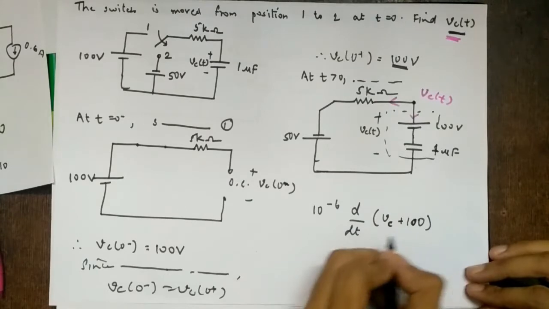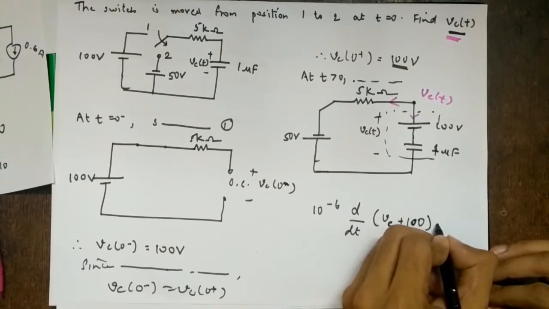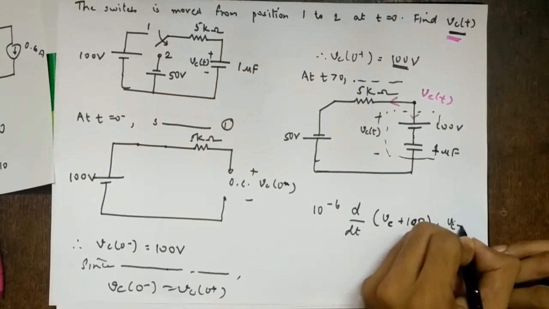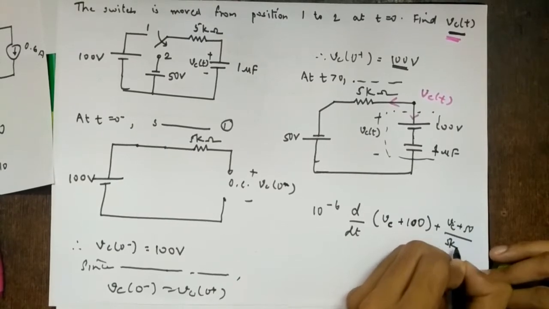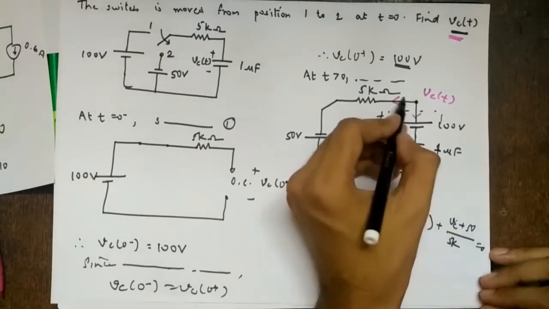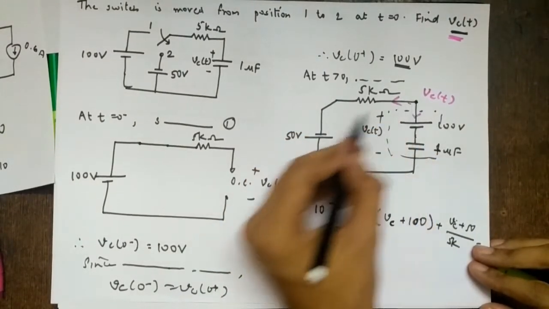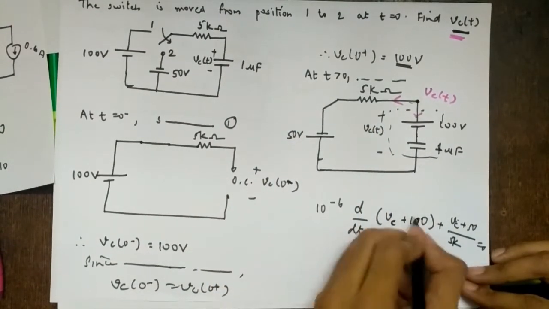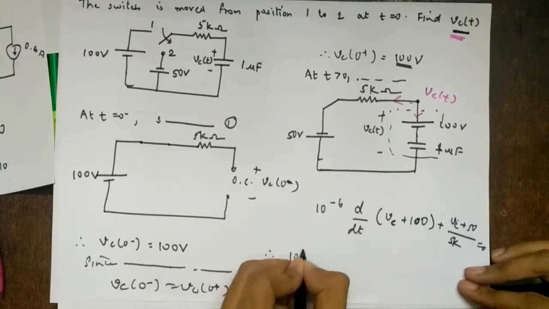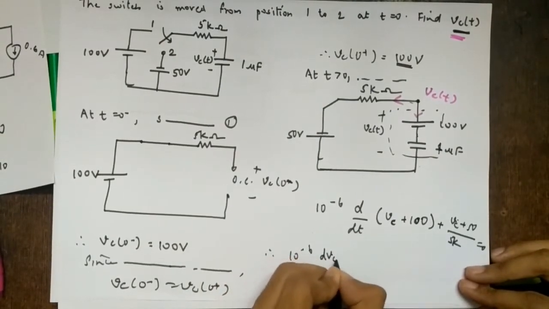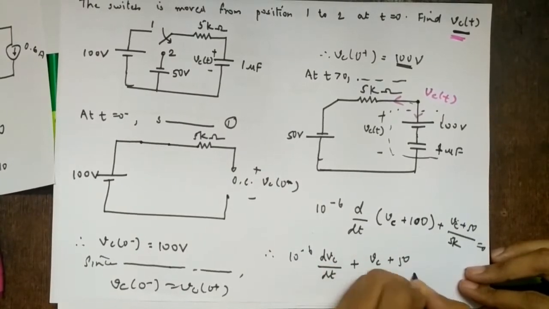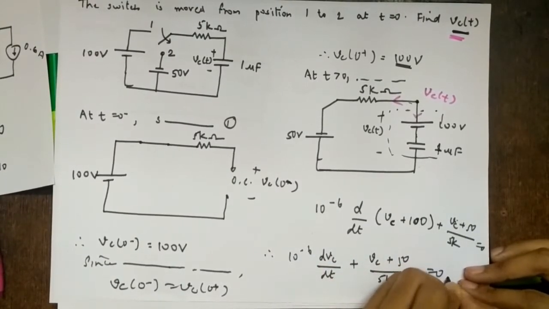Plus, Vc plus 50 upon 5k equals 0. Current is V by R. So we get 10 raised to minus 6 dVc by dt plus (Vc plus 50) upon 5k equals 0.